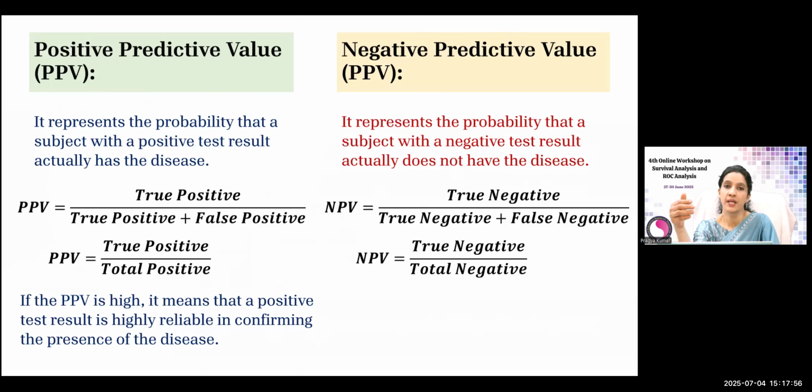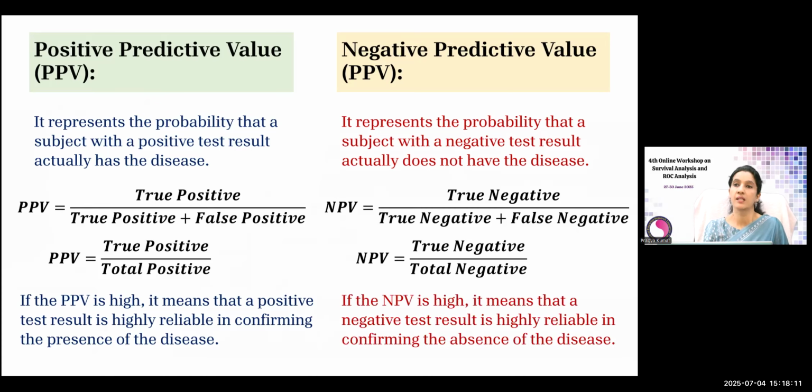If any test has a high positive predictive value, let's say 80% or 85%, I can say that there's an 85% probability that this person has the disease. Similarly, if the negative predictive value is high, I can say that if the test has come negative, there's a high chance that there will be no disease in such a person.